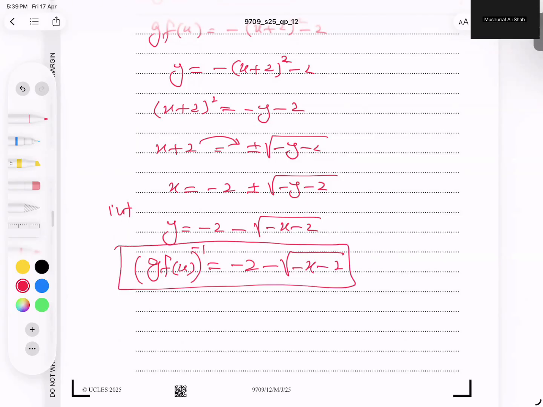And this is one method. If you would like to do the second method, what is the second method? We have these functions available. If we open it, what is the criteria? If you open it, we get f inverse into g inverse. And both functions we have available, we will multiply and we can get the answer even. This is the second method because both values are available on the previous page.